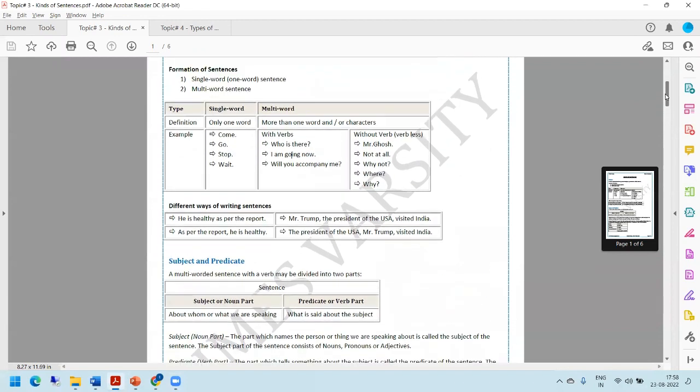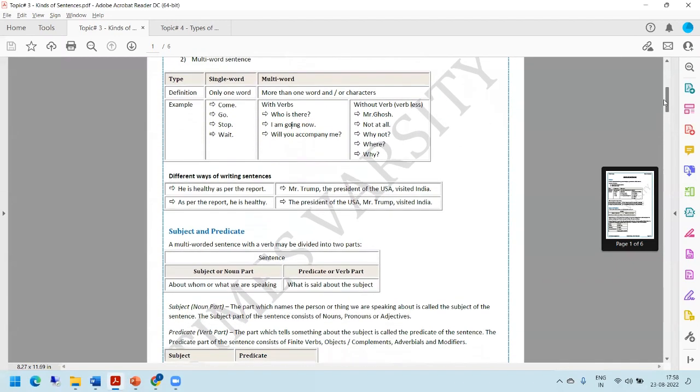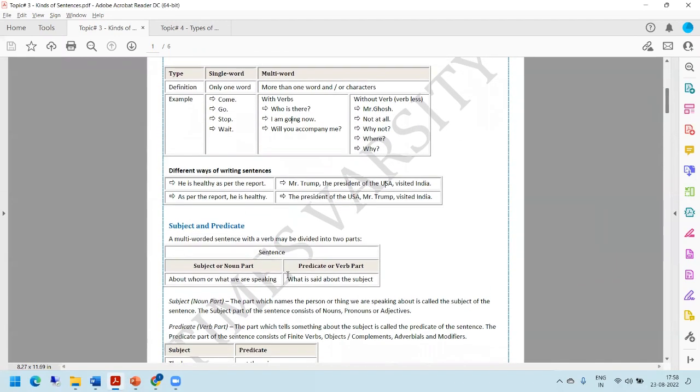Now, whenever we are framing a sentence, the sentence comprises two parts. One is subject and another is predicate, or we can say one is the noun part and another is the verb part.